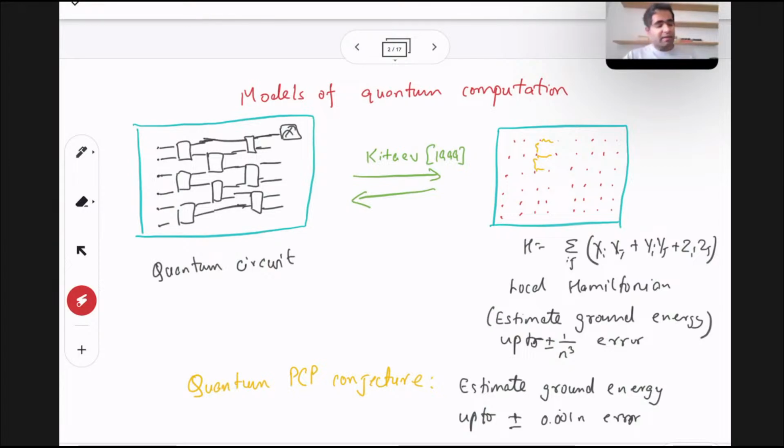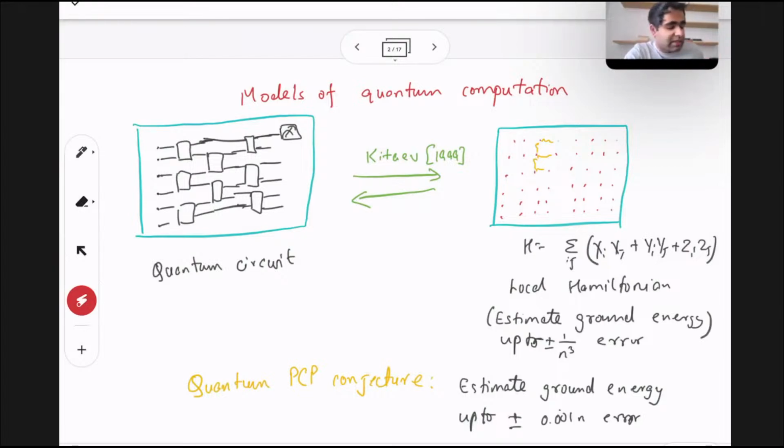Now, this is the usual model of computation that we think of. But there is another model of computation, which is very hidden in one of the important results in quantum complexity theory from 1999 due to Kitaev. In this model of computation, you don't initialize qubits in all zeros and set a collection of gates. You define a local Hamiltonian, which I will formally define very soon in a couple of slides.